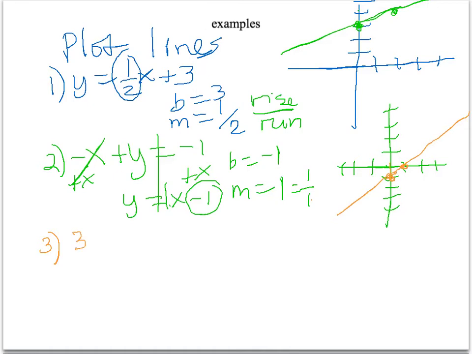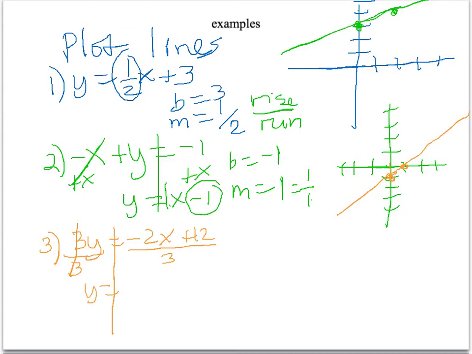What if I had 3y equals negative 2x plus 12? Well, I have to get y by itself, so that means I have to divide both sides by 3. And notice that I have to divide the entire right-hand side by the number 3.